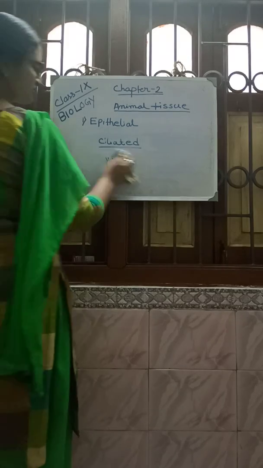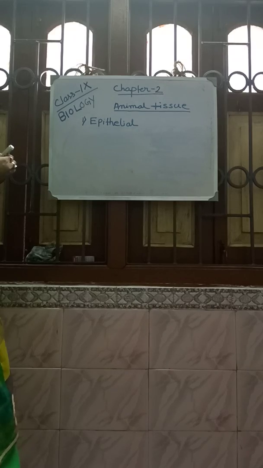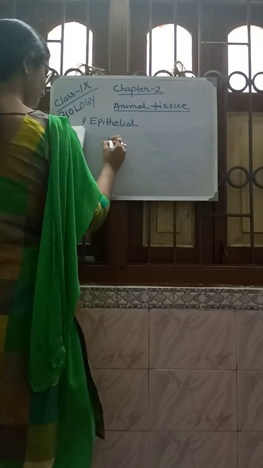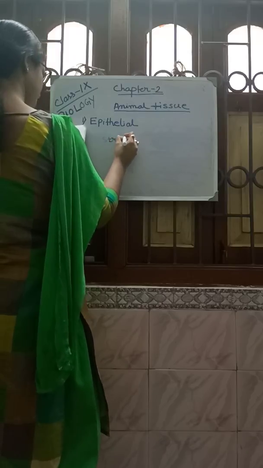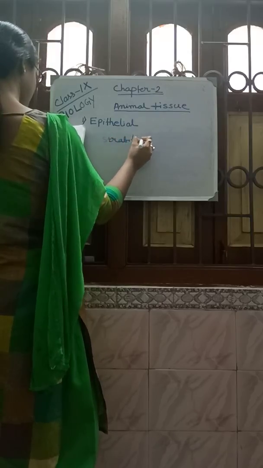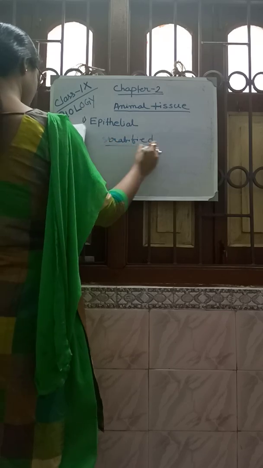The last one is the stratified epithelium. Stratified means layers are present. It consists of epithelial cells arranged in several layers, one layer above another. It is found on the skin. Suppose this is one layer, and this is the uppermost layer.